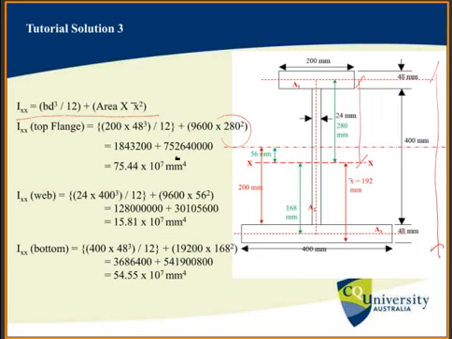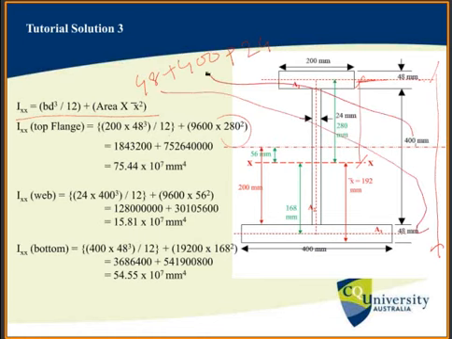Just calculate like this. From this point to the center point of this bar, the distance will be 48 plus 400 plus 24. 48, 400 and 24. 48 divided by 2, we got 24.